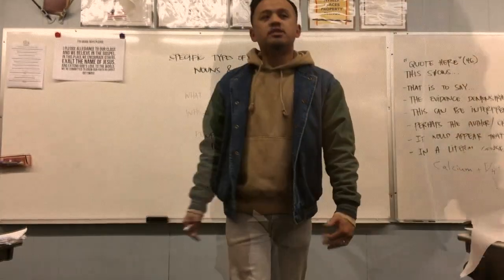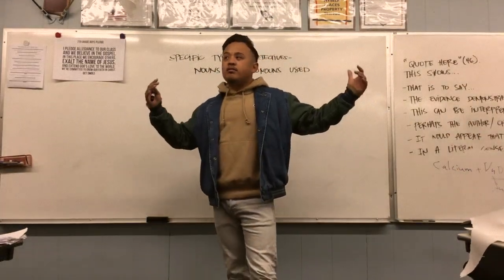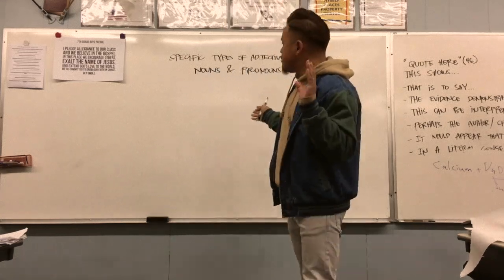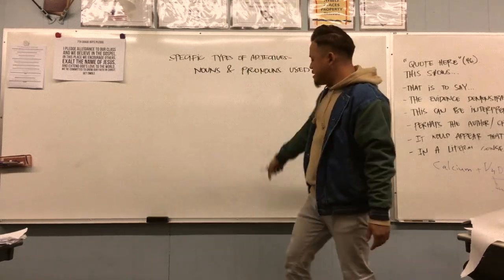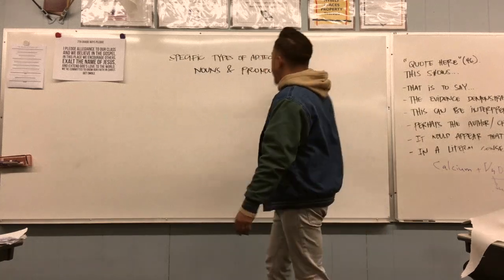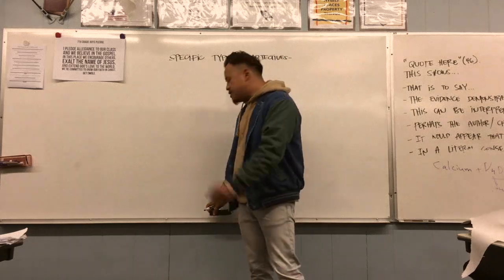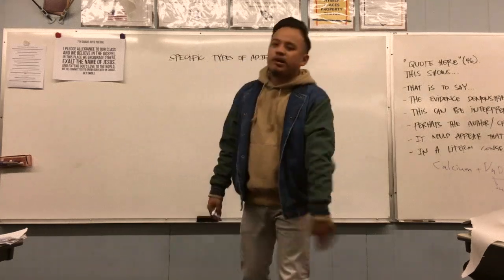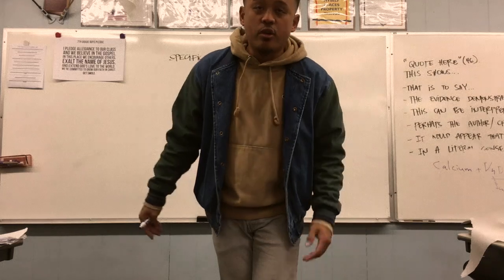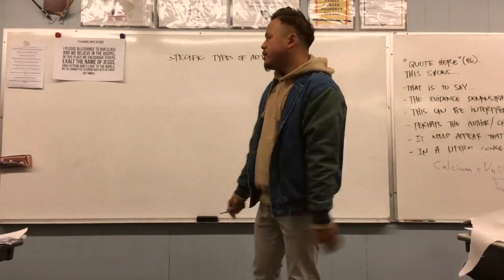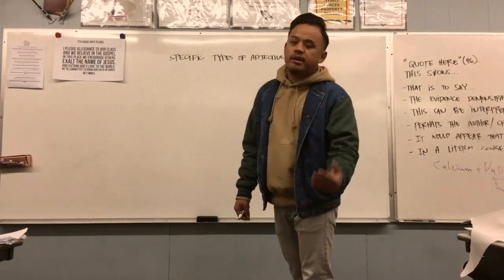All right, so just like everything that we've studied before, we have to go through compounds. I know that I just talked about nouns used as adjectives, and I'm gonna have to make another separate video for pronouns that are used as adjectives, but we gotta go through compounds. Compounds are annoying because you just put two things together and it makes a compound, right? But we still have to talk about it because it's in the chapter.